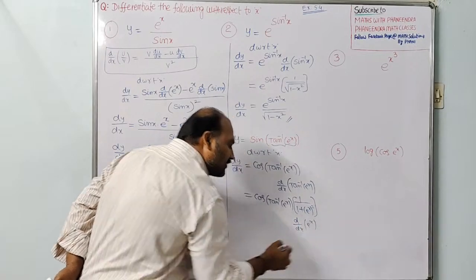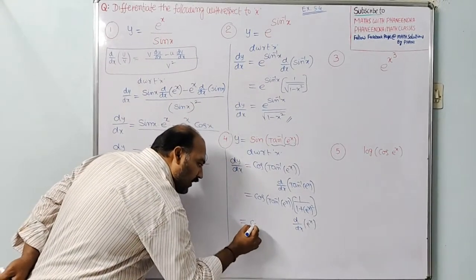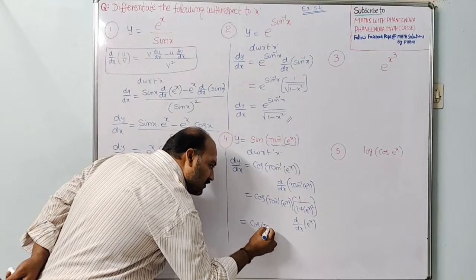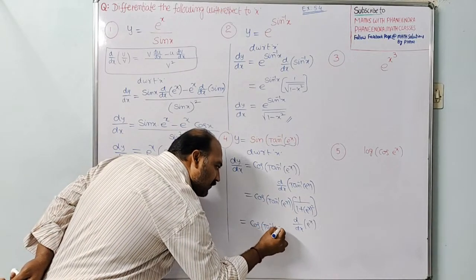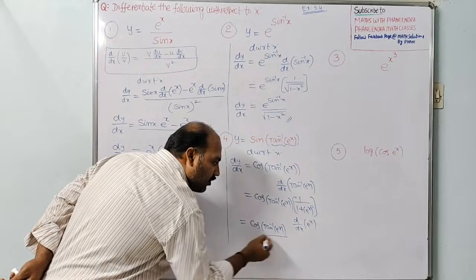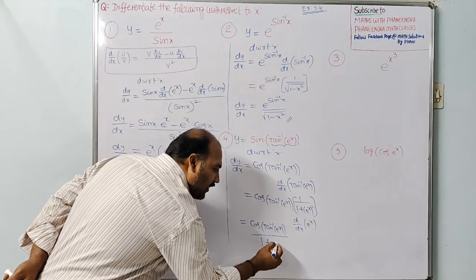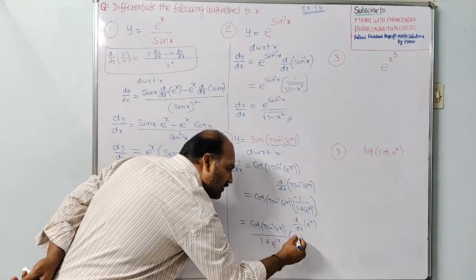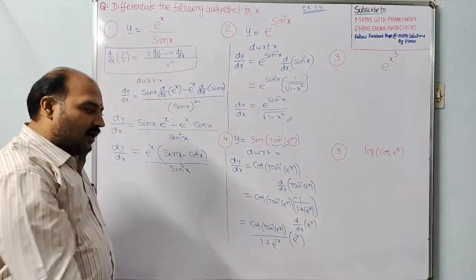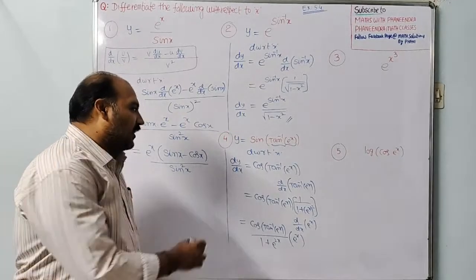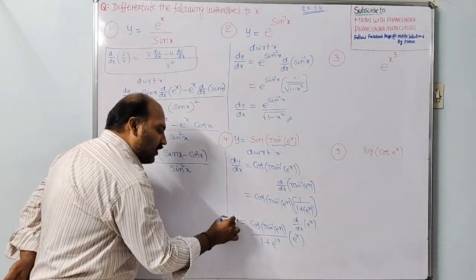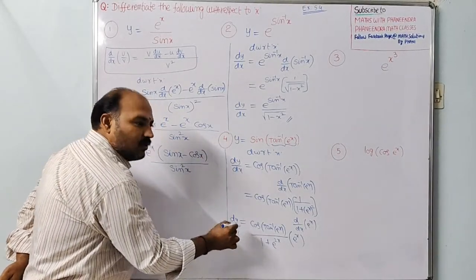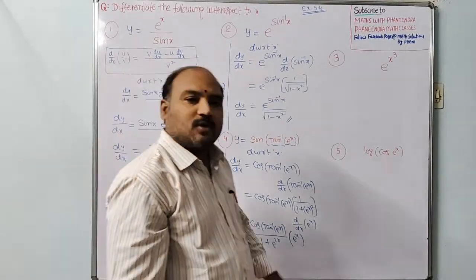So you get cos of tan inverse of e power x into 1 by 1 plus e power 2x, into d by dx of e power x, which is e power x. So this is the answer you will get as dy by dx, dear students. Okay, dear students, we will move to another question.